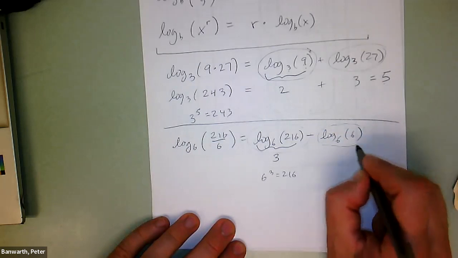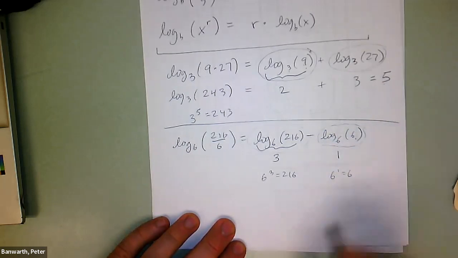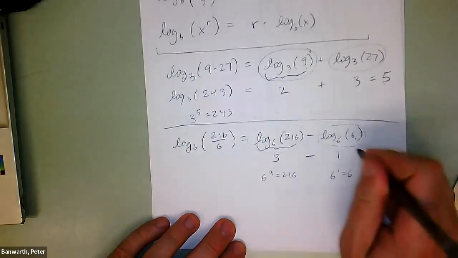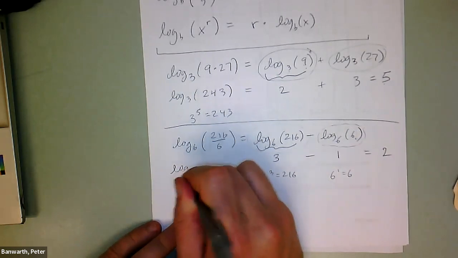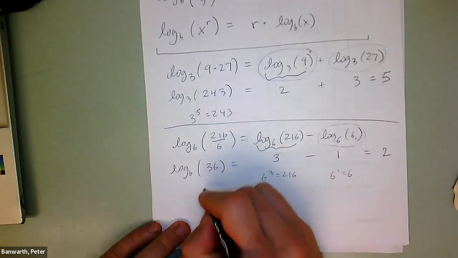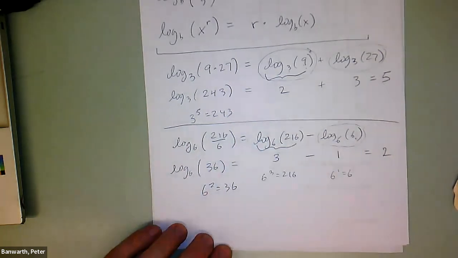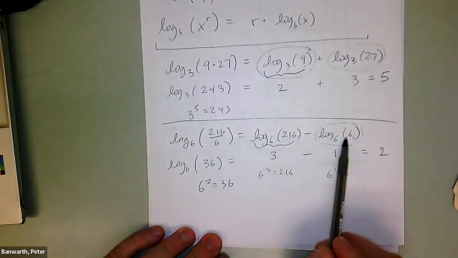This whole term is the power that goes on 6 to get 6. Well, that's 1 because 6 to the first is 6. And if I'm subtracting them, I get 2. And that makes sense because over here, 216 divided by 6 is 36, and 6 squared equals 36. So if you have terms divided, you can separate them out.